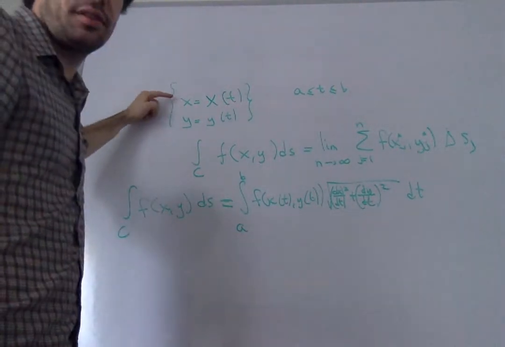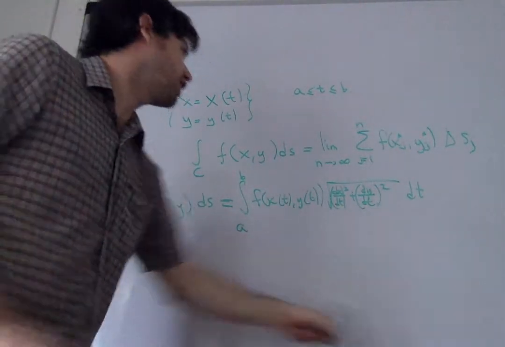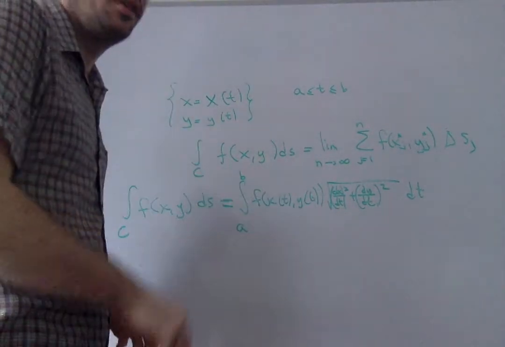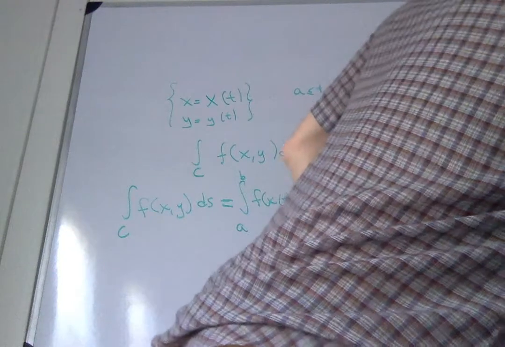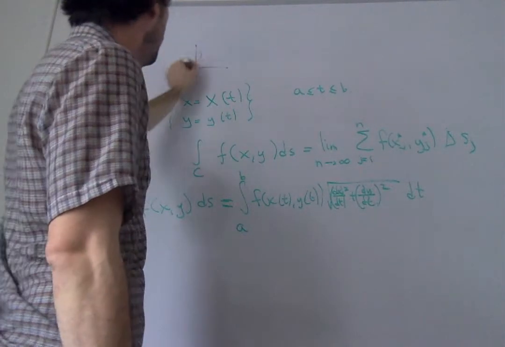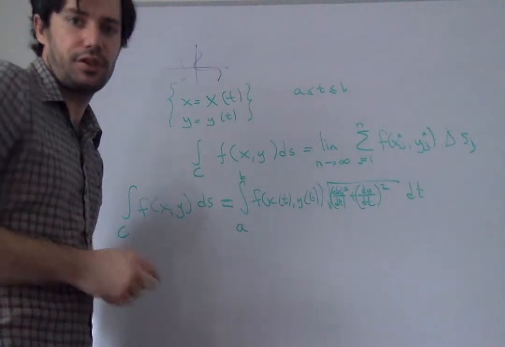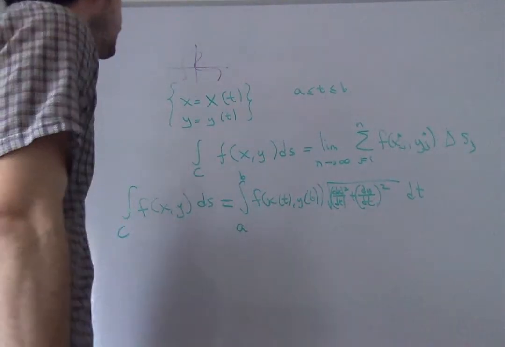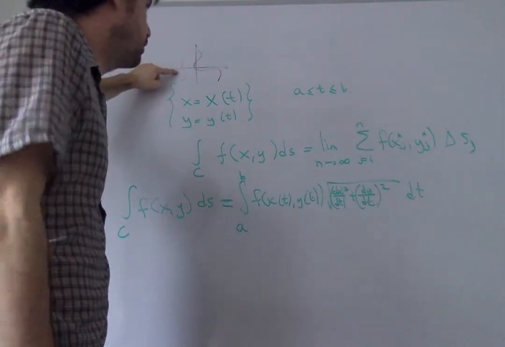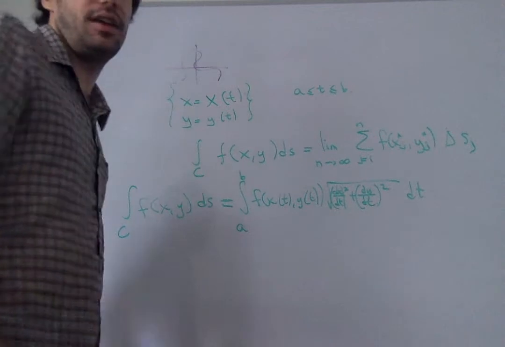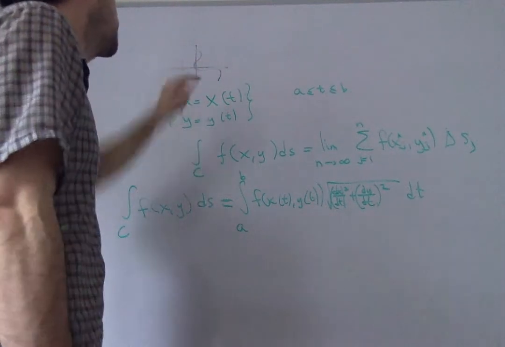So let's consider an arbitrary curve in two-dimensional space. It's going to have x and y components, as you can see in this picture.